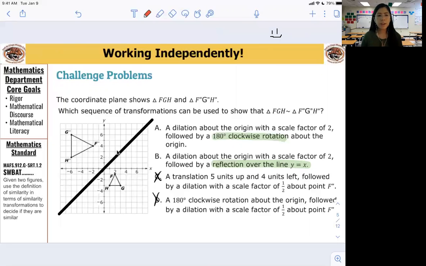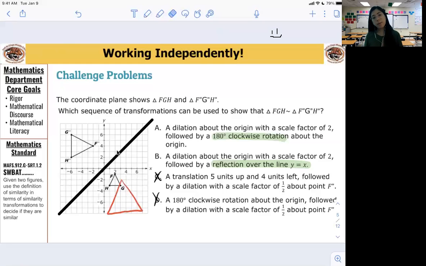I want everybody to tilt their head over so that you can see it and picture if FGH was just a little bigger, because we want it to be the right size. If FGH was just a little bigger, would those two triangles match up if you closed it like a book? Yes, they would.